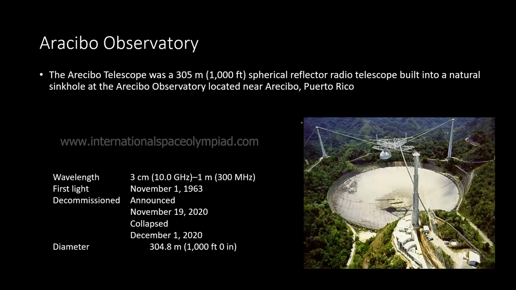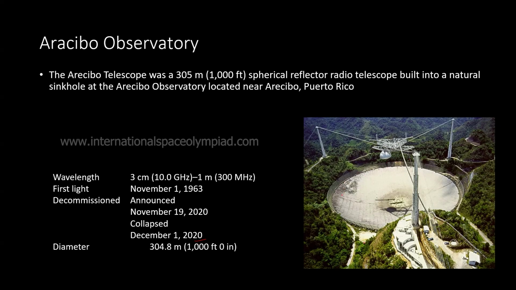The next one is the Arecibo telescope. It collapsed due to an instrument failure and was decommissioned in December 2020. Actually, it collapsed because of a hurricane or some natural calamity.